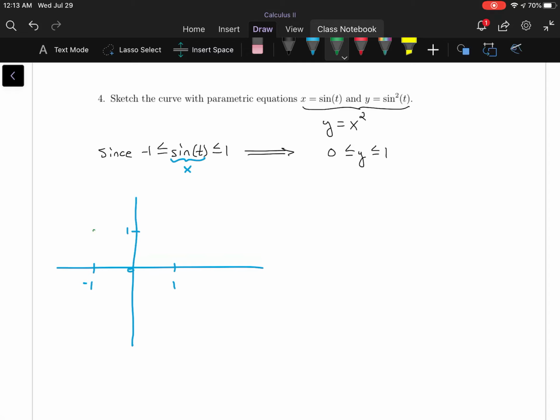The curve looks like that. So now I need to know, well, where do we start? Well, when time is 0, x is sine of 0, which is 0. Y is sine of 0 squared, which is 0 squared. So we're actually starting right here at the origin.